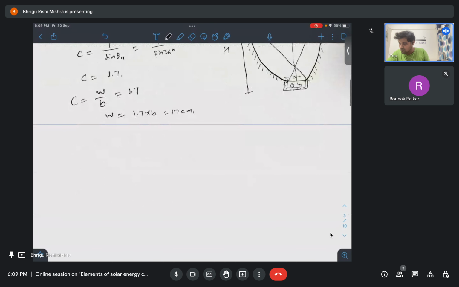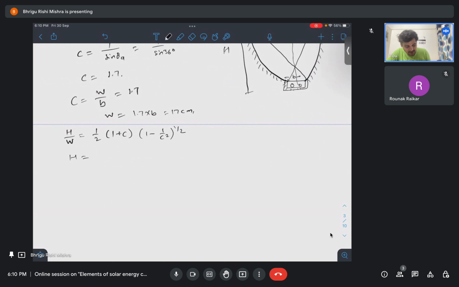The ratio of height and width of the CPC can be calculated using the concentration ratio. So it is H equals W by 2 into (1 plus C) into (1 minus 1 by C squared) to the power half.